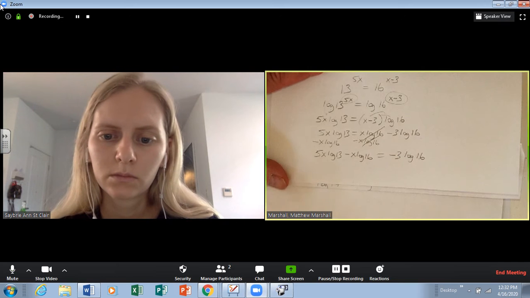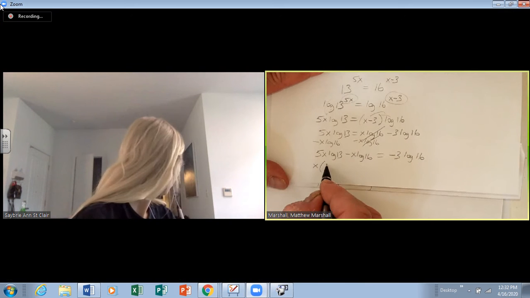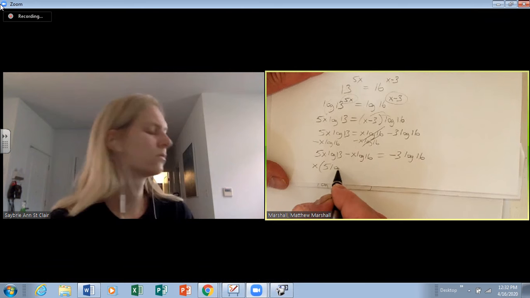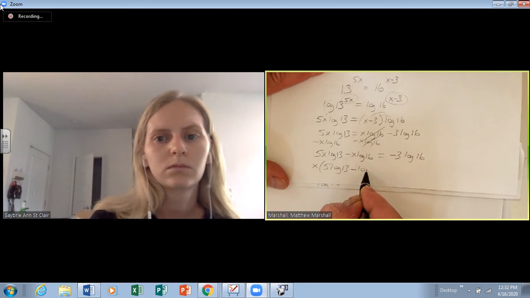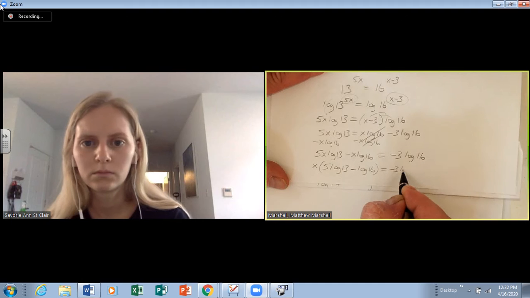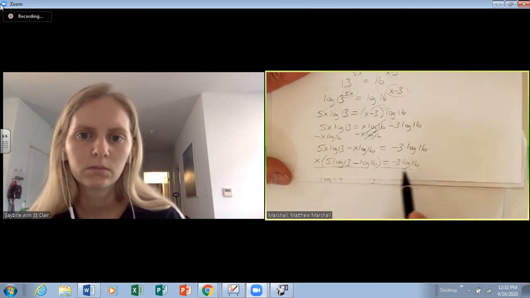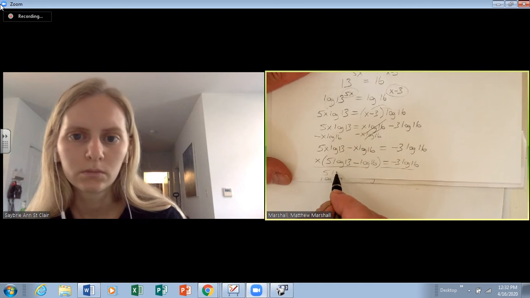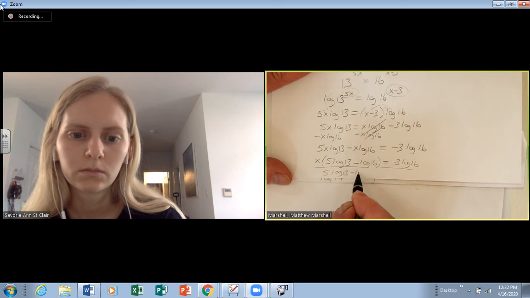Wow. Take the x out of here. Gives me 5 log 13 minus log 16. I'm going to divide this whole side by 5 log 13 minus log 16.